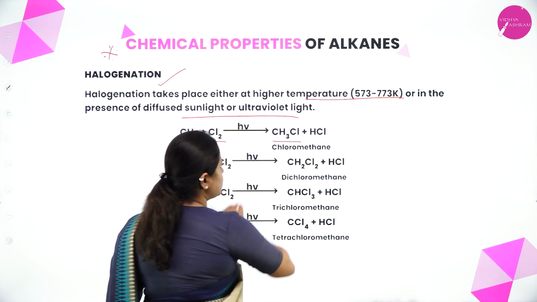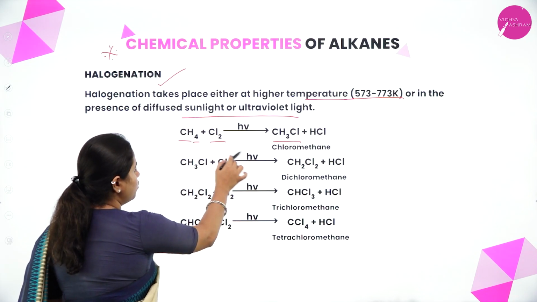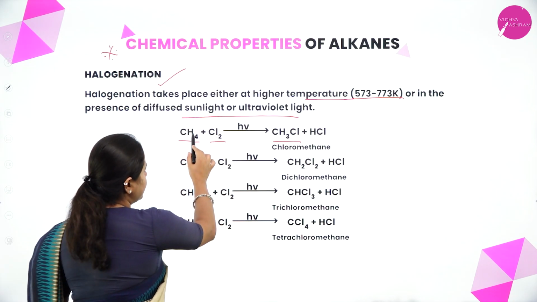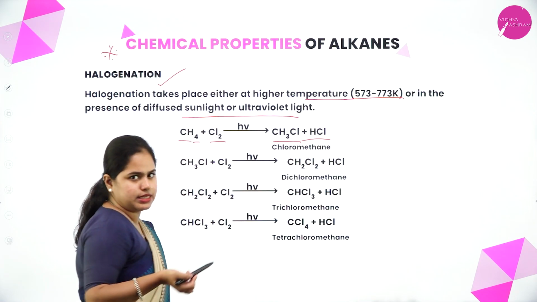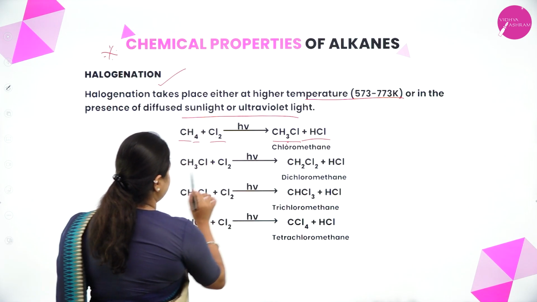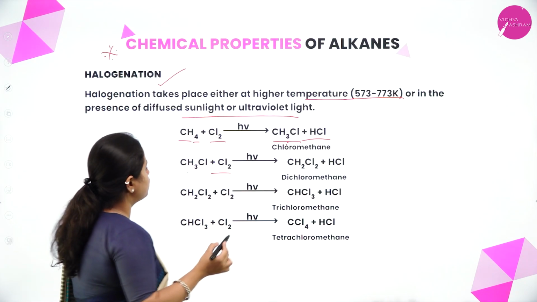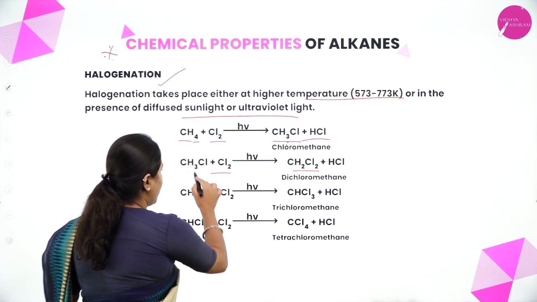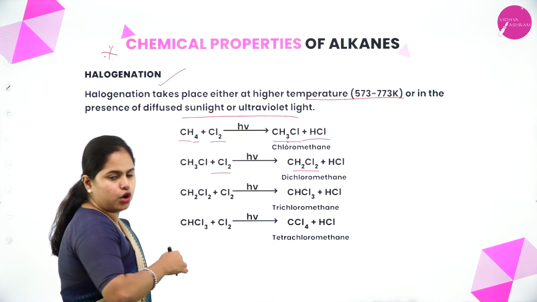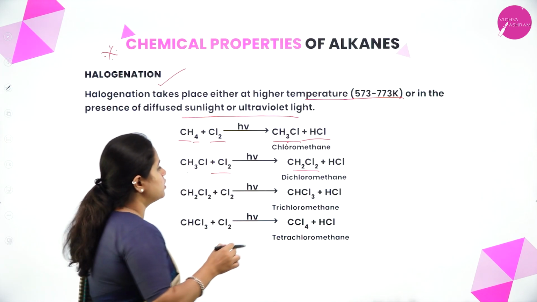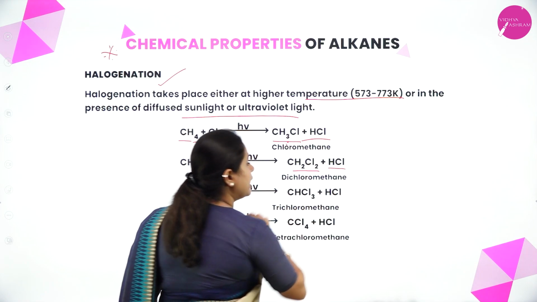So, it will become CH3Cl, and the removed H together with the Cl becomes HCl. Now, this CH3Cl further reacts with another molecule of Cl2 to form CH2Cl2. One more hydrogen is removed, another chlorine atom is substituted. So, we will get CH2Cl2 and again HCl.